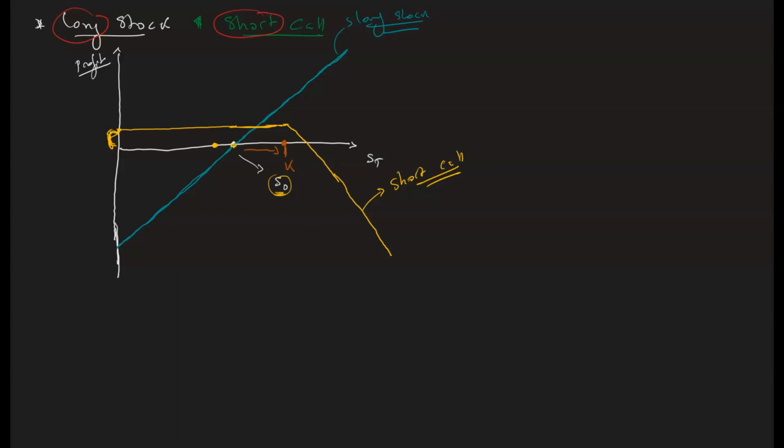Which means that it shifts my long stock position up. It's going to shift my long stock position to this point where I'm going to be here. It's going to be a parallel line all the way, and it's going to be decreasing as well. So that would be my new long position after I write this call contract and I receive this call premium. That would be my call premium.